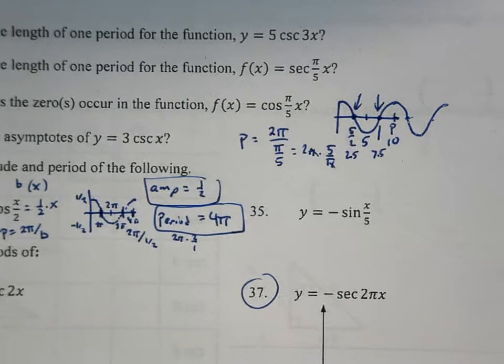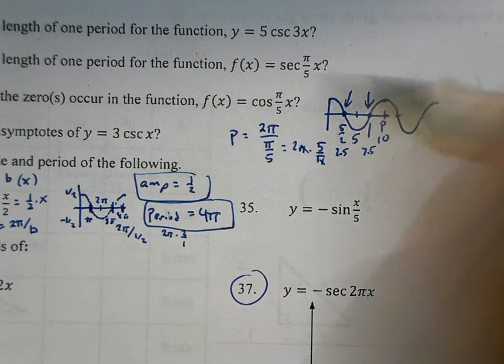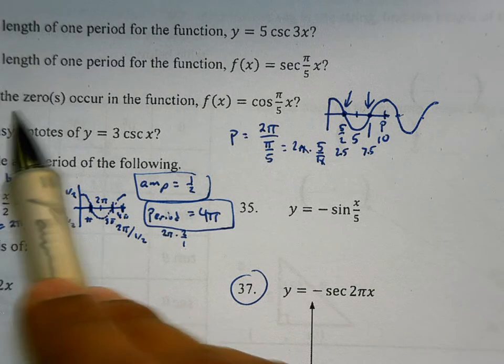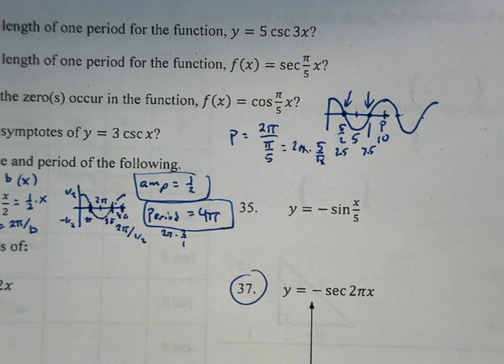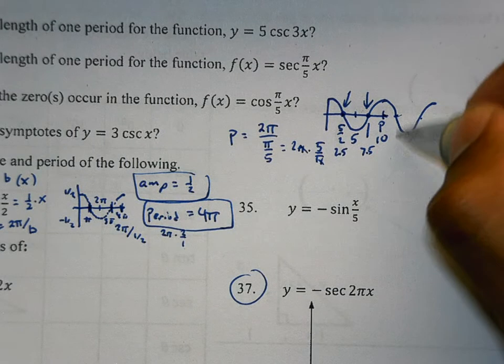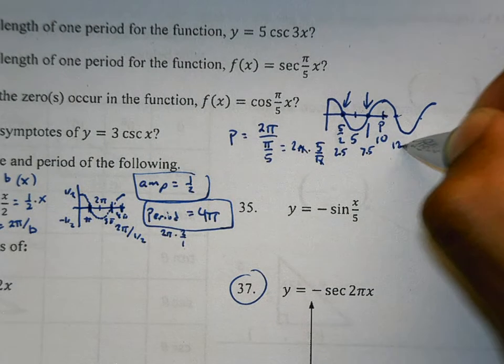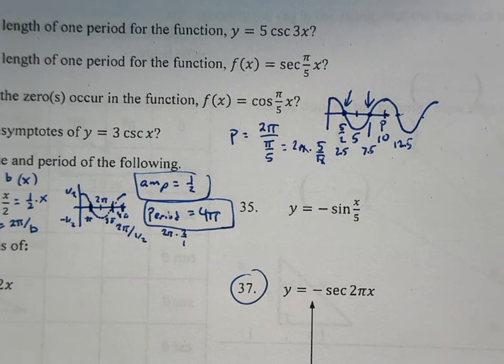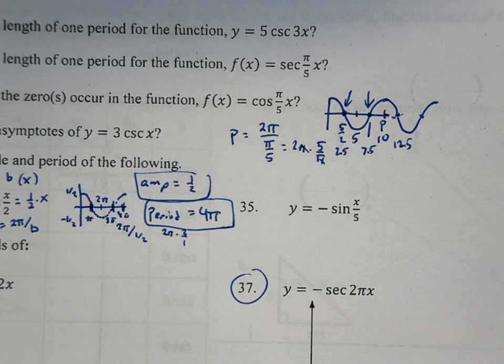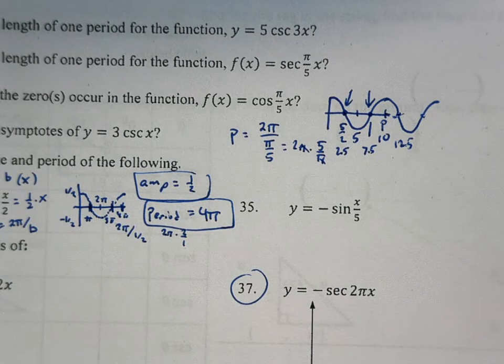If I think about how many zeros there are, where do the zeros occur in the function? If I think about this is at 12.5, and that it's going to occur every single time. It's just going to keep going up by the same amount.